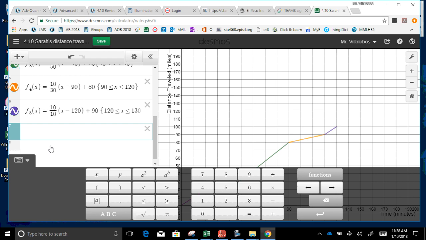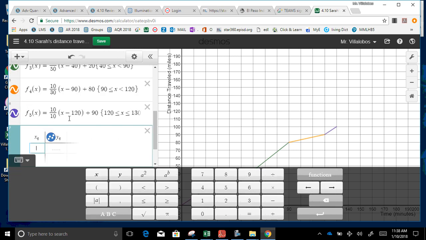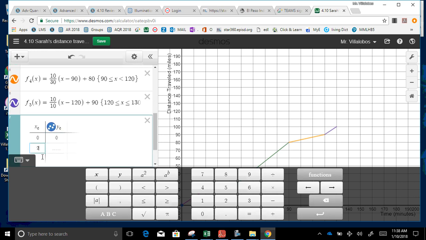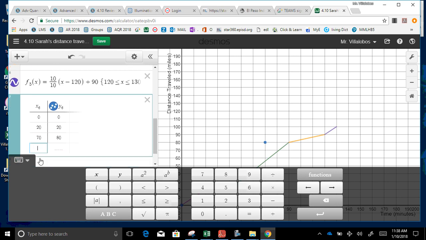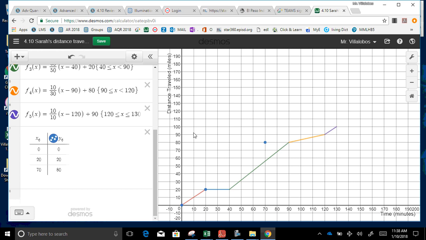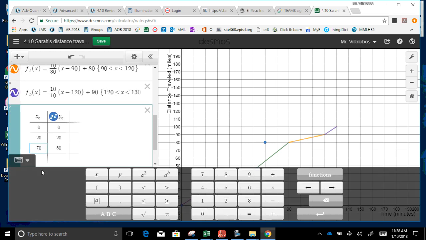Let's make the table. Put at 0, 0. 20 minutes later, go to lunch for 20 minutes. Actually, I lied to you. She stayed there another 20 minutes and went nowhere.